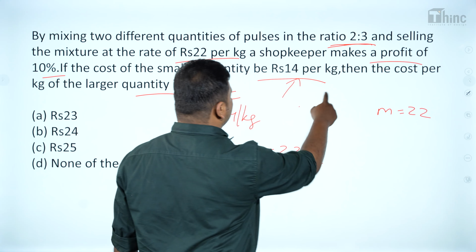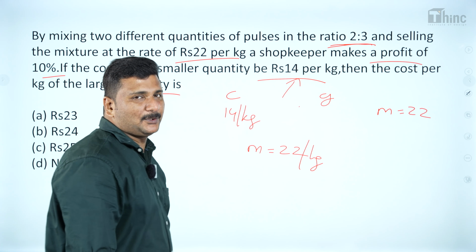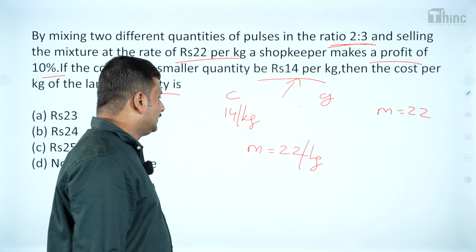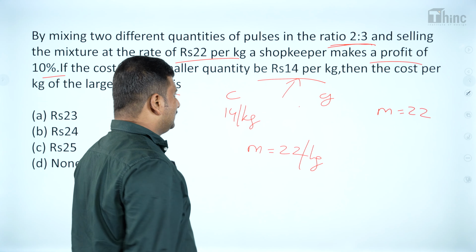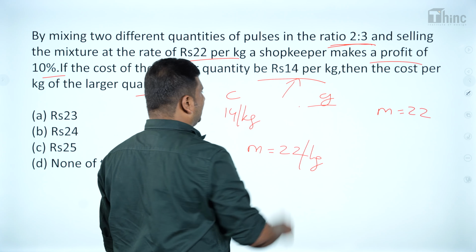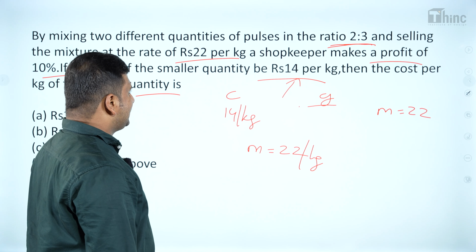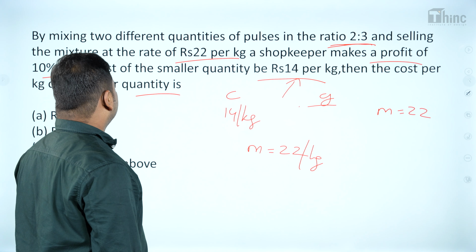And we don't know what the G value is, the price of good quality. So 14 per kg is mixed with something else and the mixture price is 22 per kg.